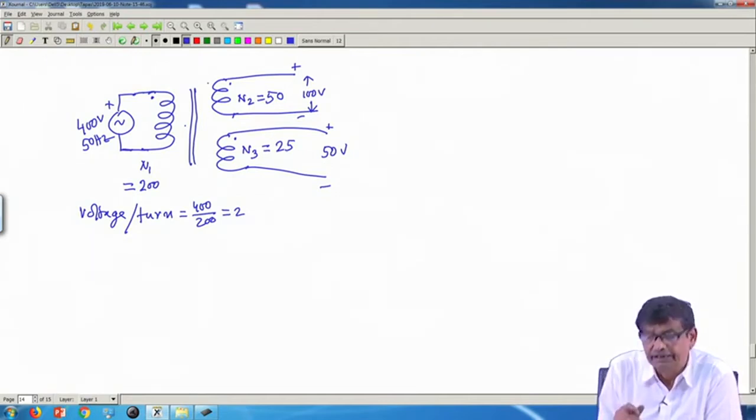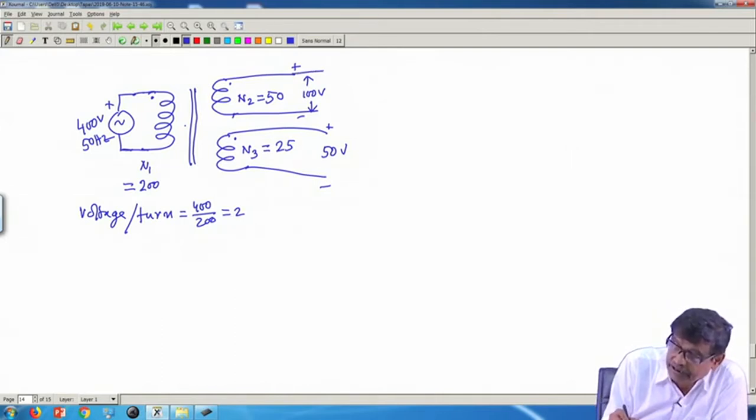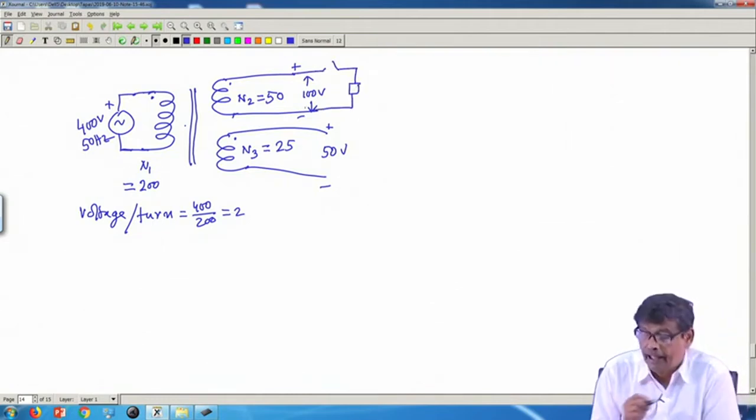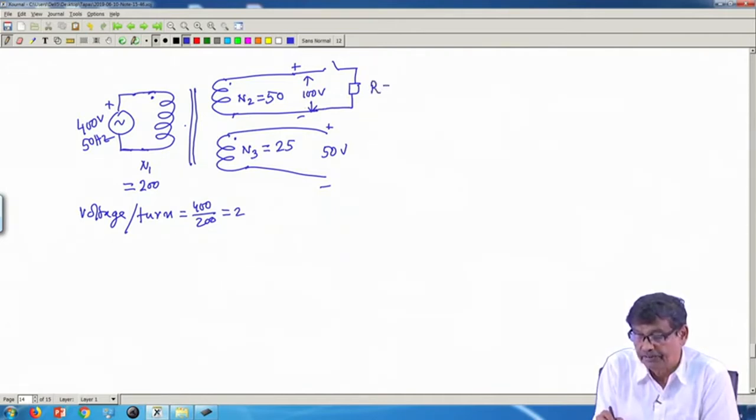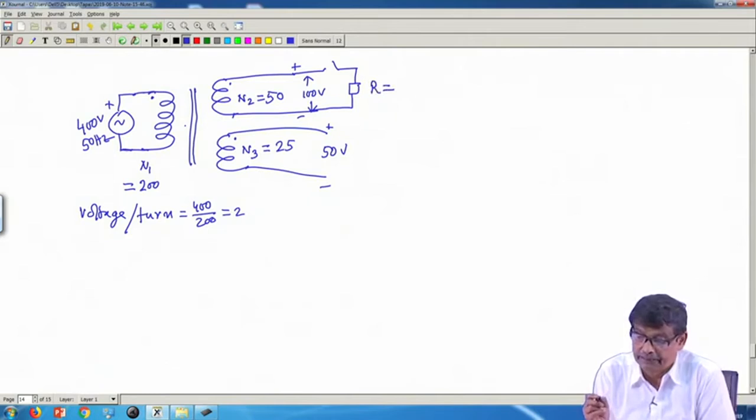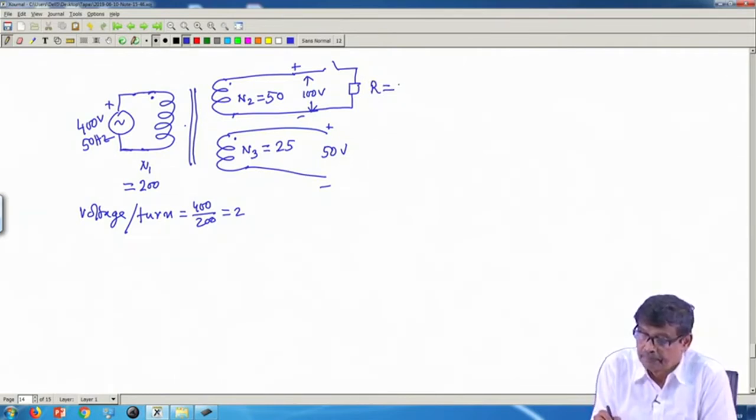It is not that easy a problem. Let me put it this way. Suppose you have a switch here, and you have connected a resistive load of 10 ohm.